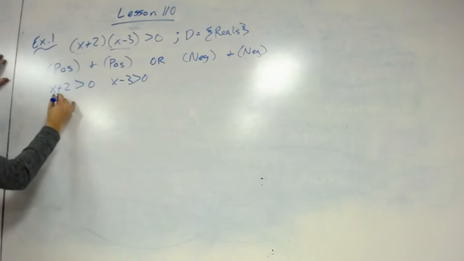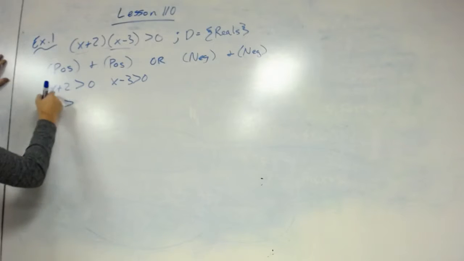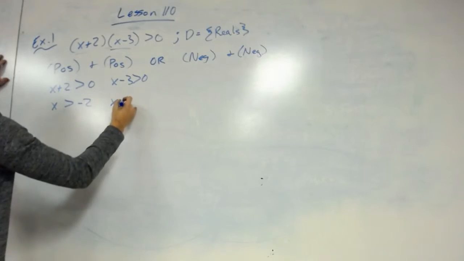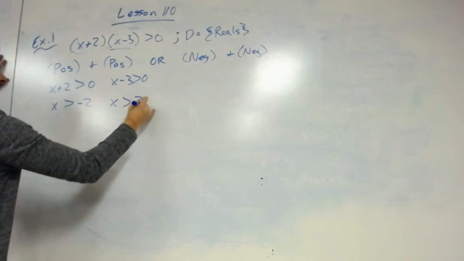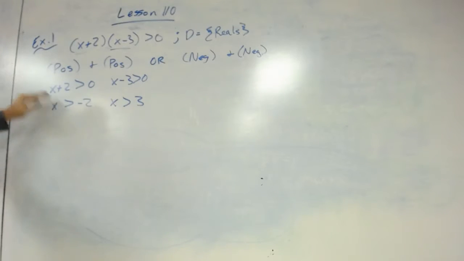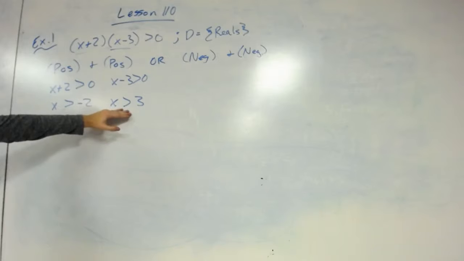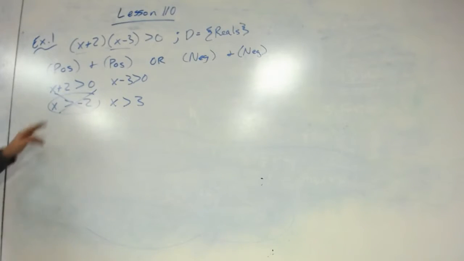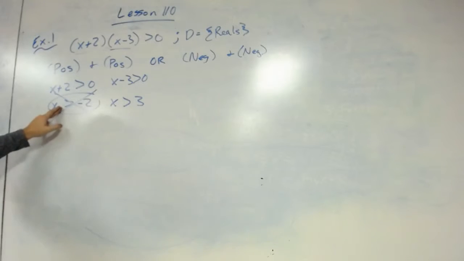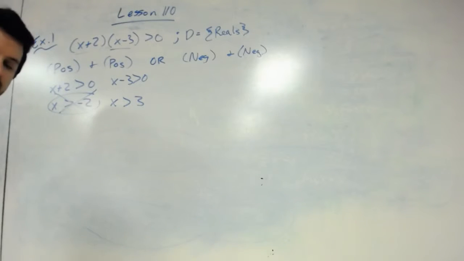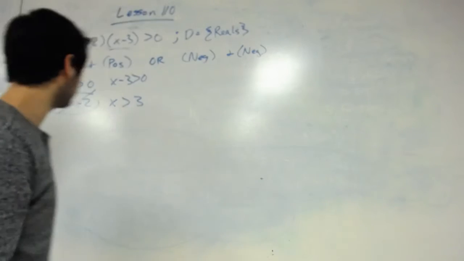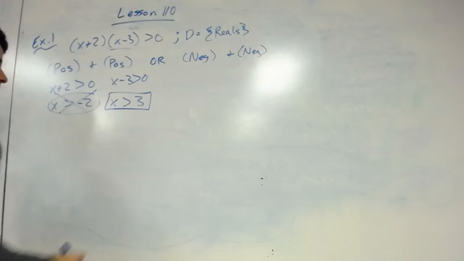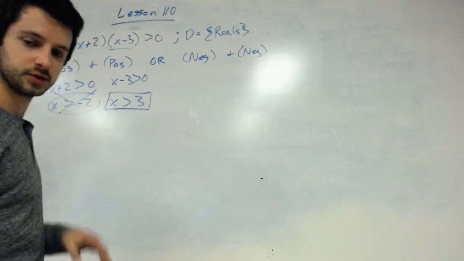When we solve, x is greater than negative 2, and x is greater than positive 3. Only one of these satisfies it being positive. The first one would not work because it leaves a chance for x to be negative. So x greater than 3 is one solution.